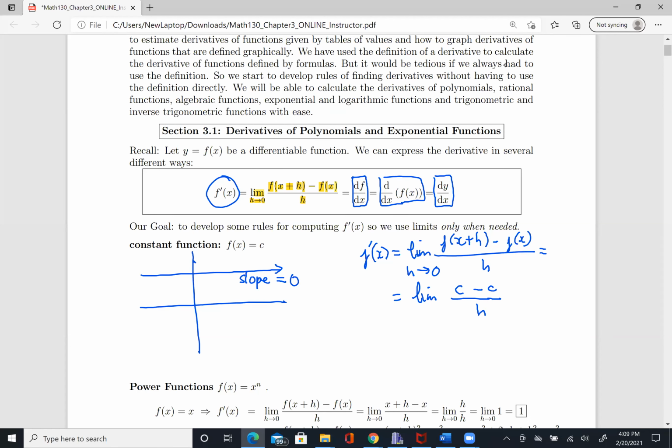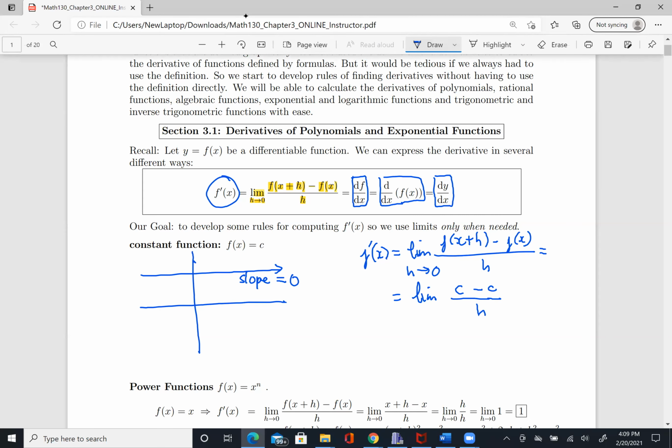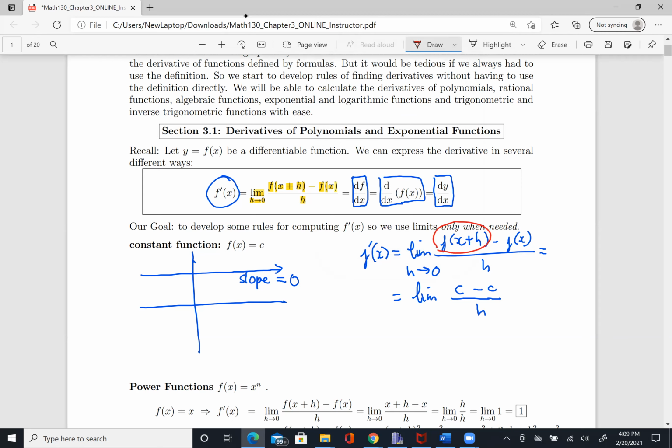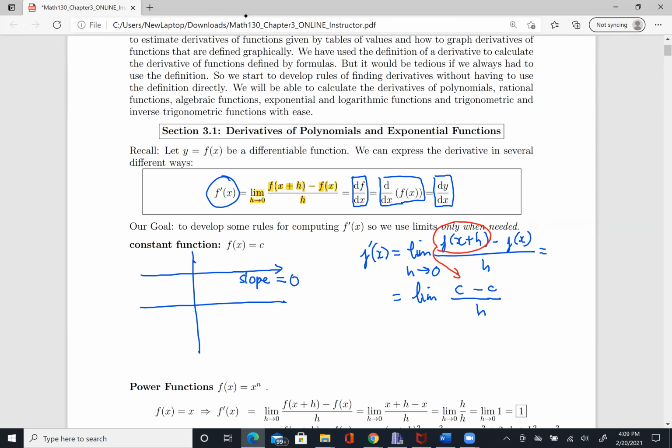You should understand that f of x plus h should also equal c, because this is a constant function. Whatever the input is, the output is always going to be equal to c. So that's the reason f of x plus h is c.